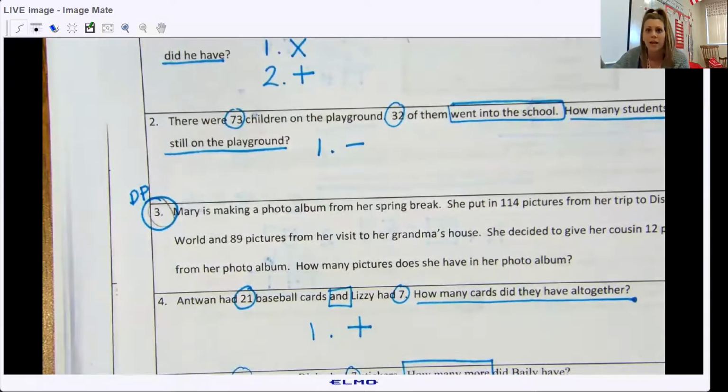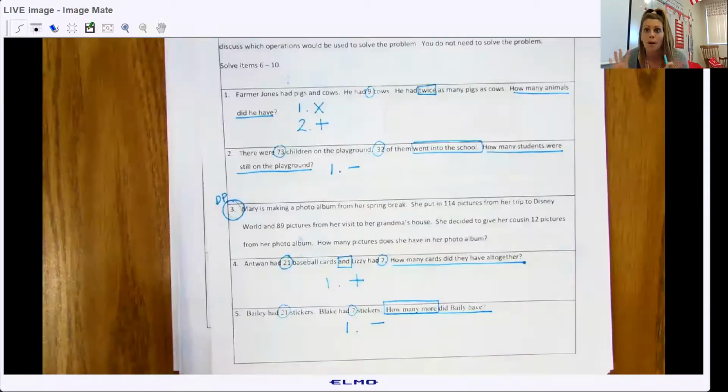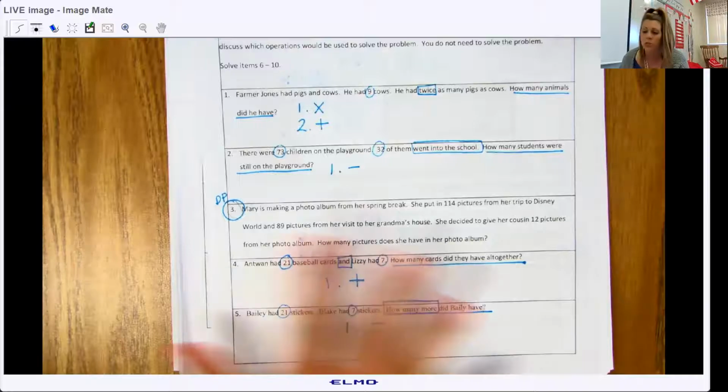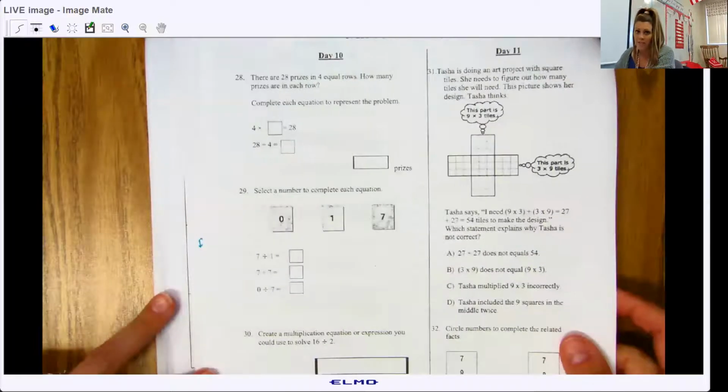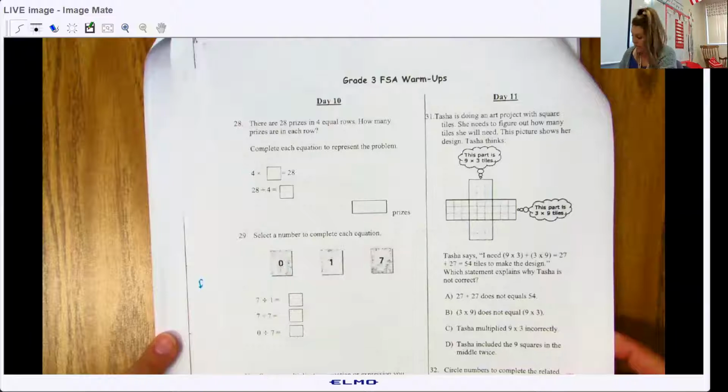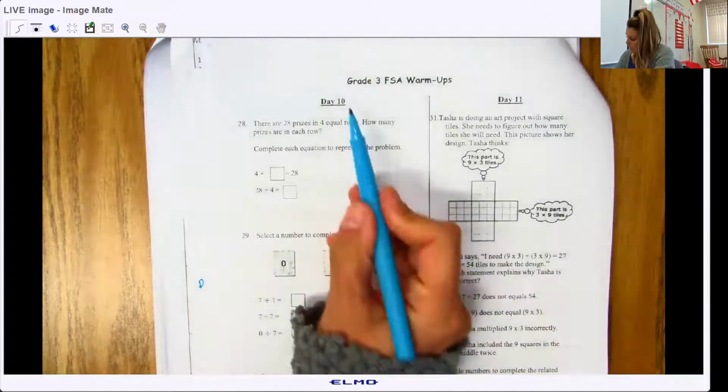Also, don't forget day 10 for both packets. Once you've finished your discussion post, then you are grabbing that FSA warm-ups and you are doing day 10.